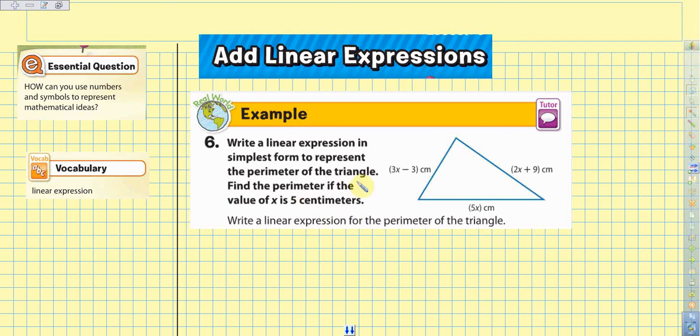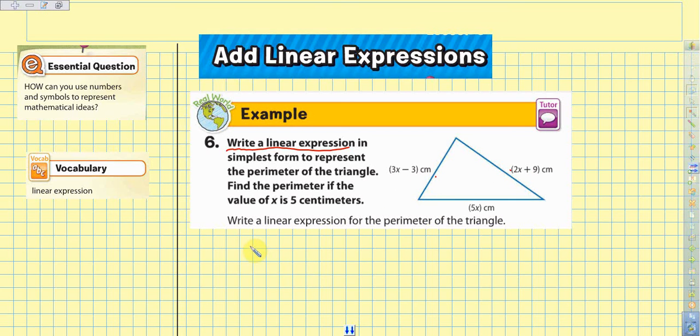Well, we know the way the perimeter works. Perimeter is the whole outside. It means we add this side plus this side plus this side. And I could go ahead and put 5 in for each one of these x's, and add everything up and use my order of operations to take care of everything because we have some parentheses. And I can go the long route. Or I could take what I have here, because they want you to write a linear expression, and I could just write it out.